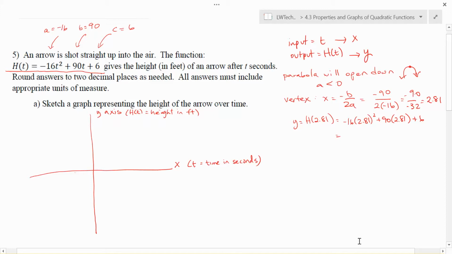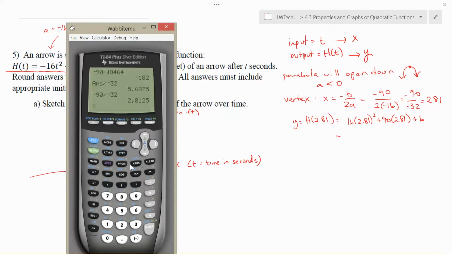All right, let's go and evaluate that. We're going to have negative 16 times 2.81 squared plus 90 times 2.81 plus 6. That gives me 132.56.